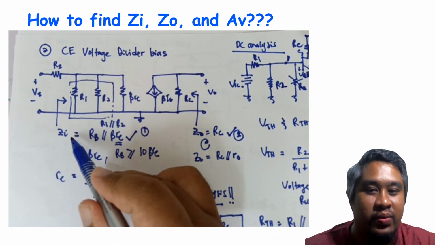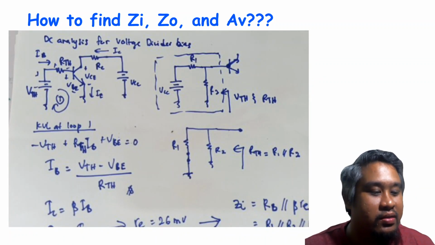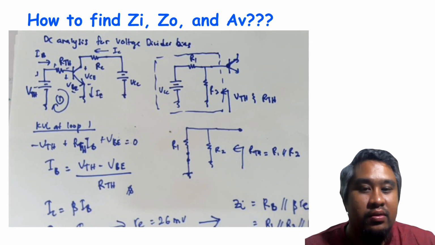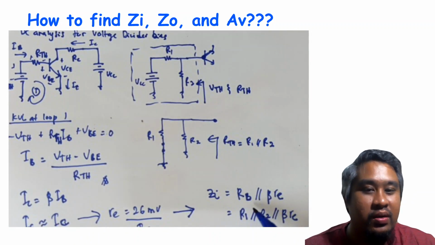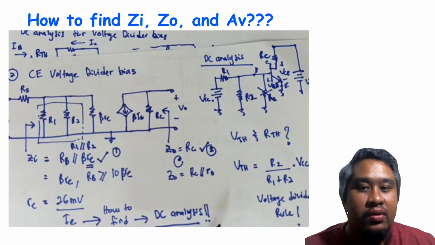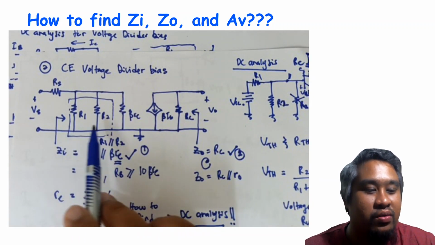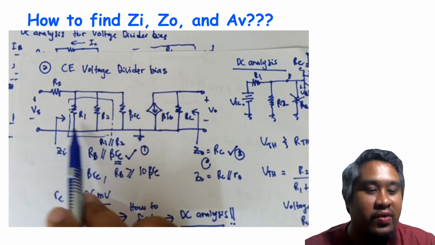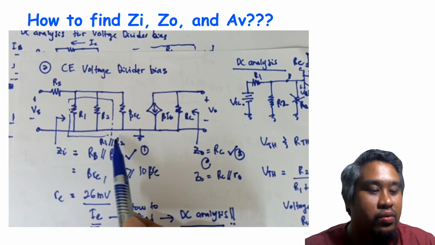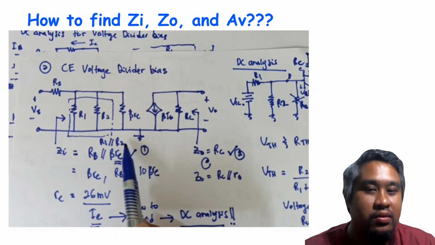To calculate ZI, the input impedance, for fixed bias just use the formula RB parallel beta RE. But for voltage divider, because we have R1 and R2, we have to consider both resistors, so our RB equals R1 parallel with R2.